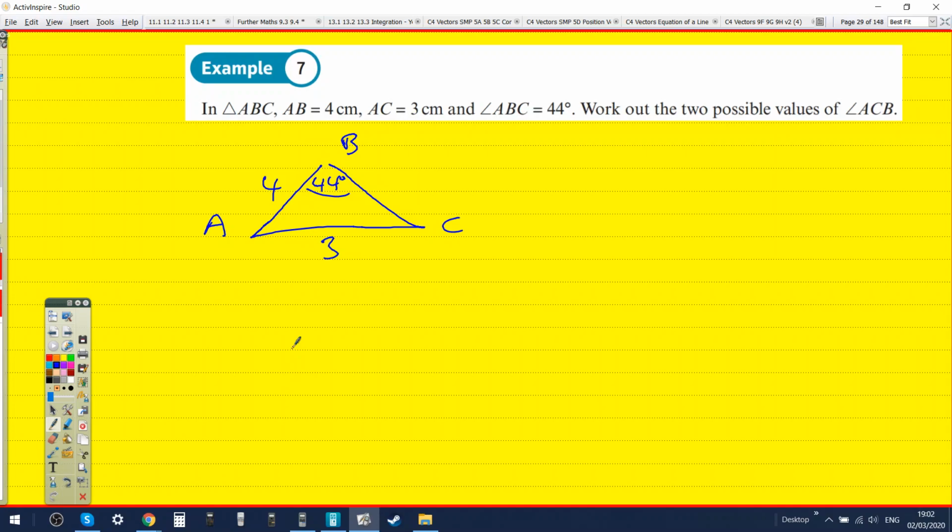So AC. This is where I have to use the formula half B sine C.